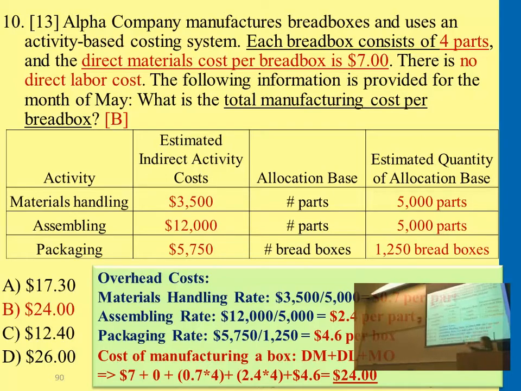And then again, you use this 2.4 assembling rate, multiply by 4 parts again for each box. And the 4th one here, packaging rate, the unit is box already, so you just add 4.6. Okay, so these 3 are the manufacturing overhead costs. This is the material cost for each box. Add all 4 items together, should give you $24.